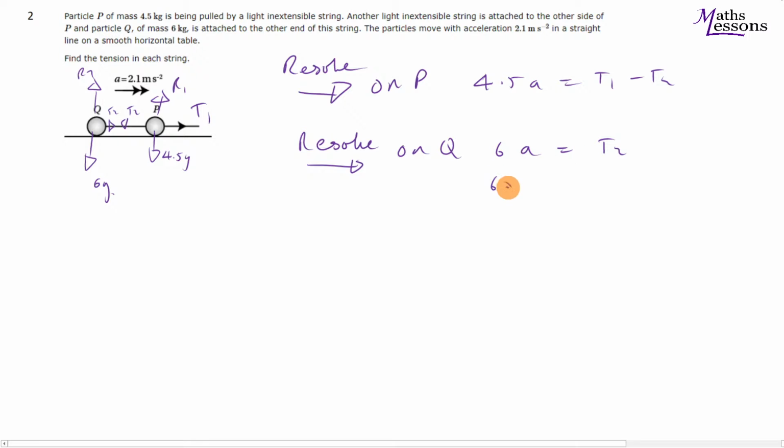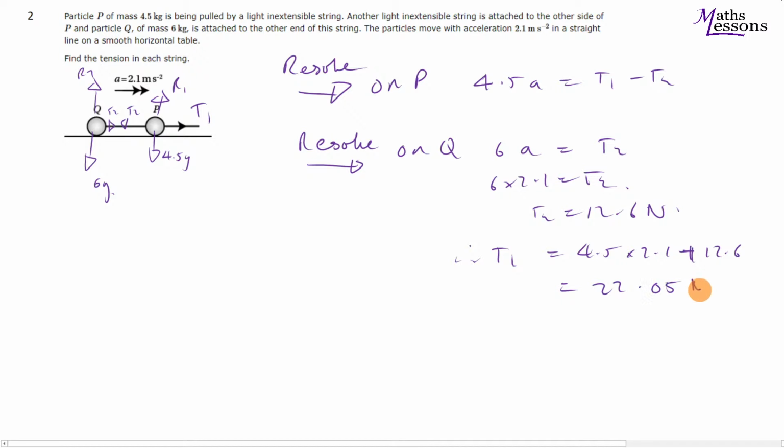Therefore 6 times 2.1 equals T2, and that comes out as 12.6 newtons. And therefore T1 will equal 4.5a, which is 4.5 times 2.1, plus 12.6 newtons. Add all those together and you get 22.05 newtons.